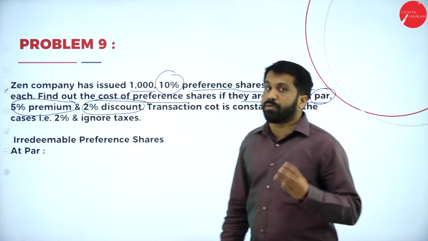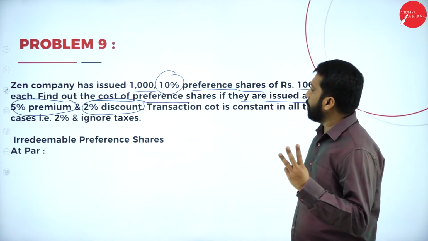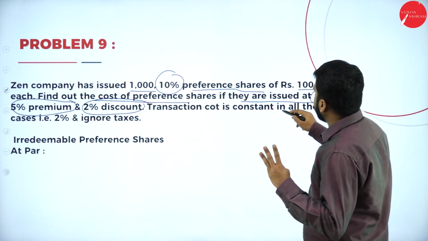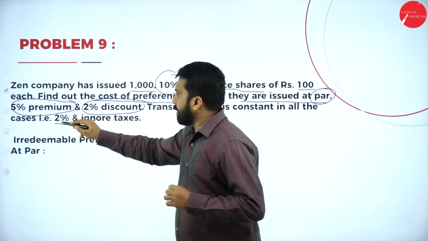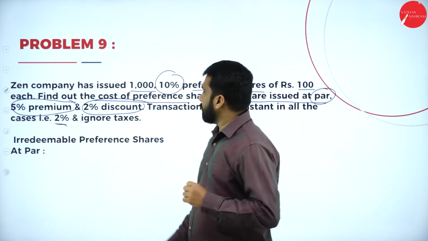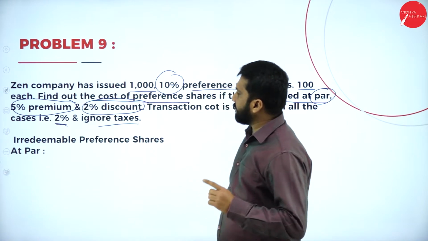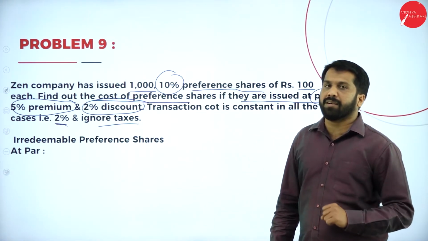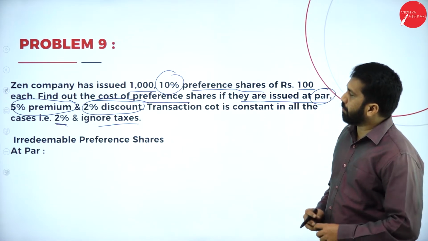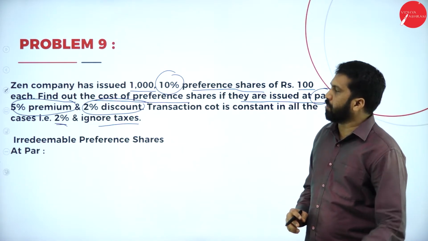You are supposed to do 3 problems. Now, transaction cost is constant in all the cases. It is 2%. And ignore taxes. As I told you, in preference shares, tax will not come. So we are supposed to do 3.